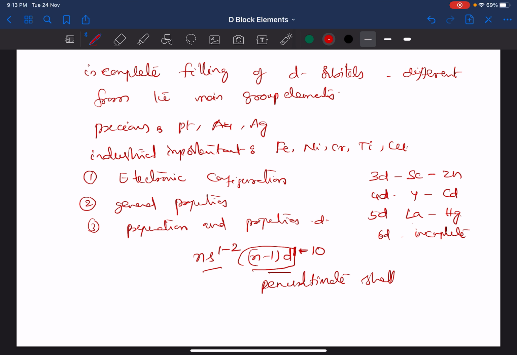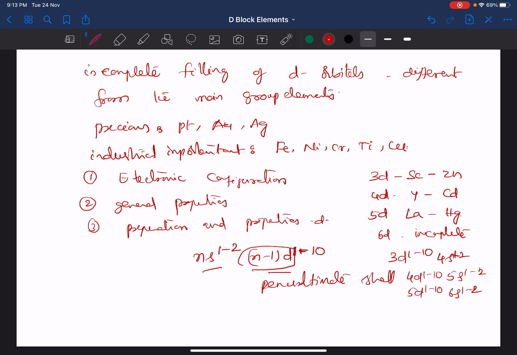Here for the 3d series, it is 3d1 to 10, 4s1 to 2. Similarly, the 4d series is 4d1 to 10, 5s1 to 2, and the 5d series is 5d1 to 10, 6s1 to 2.